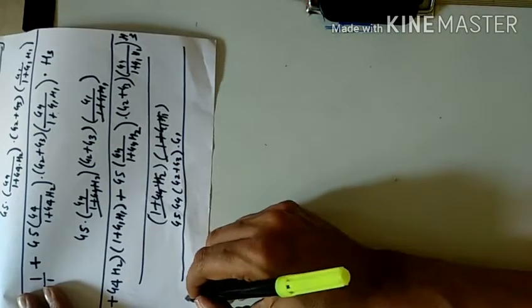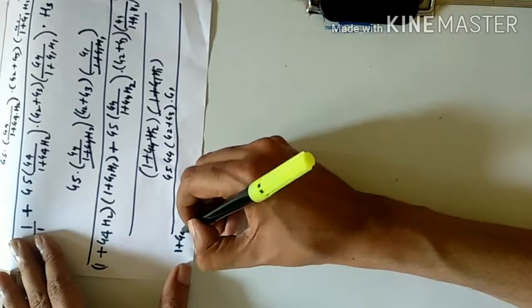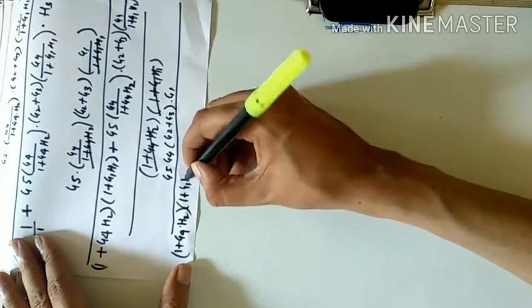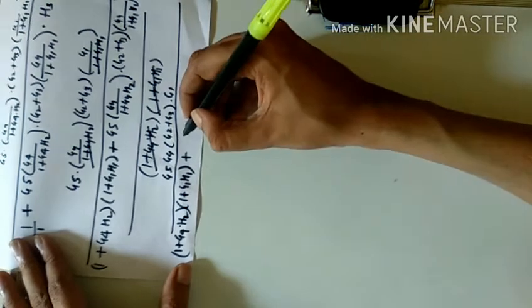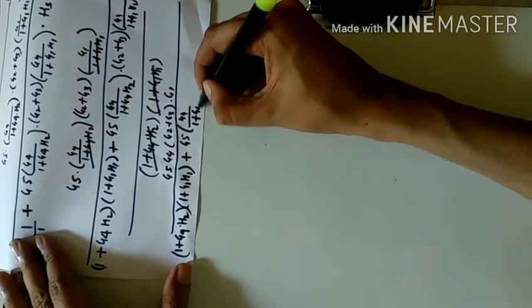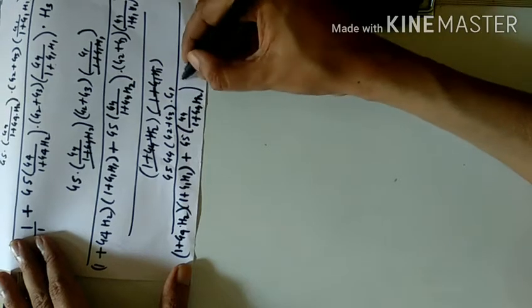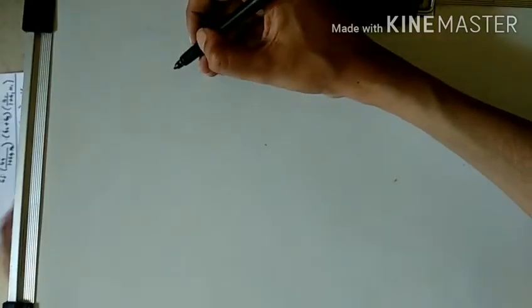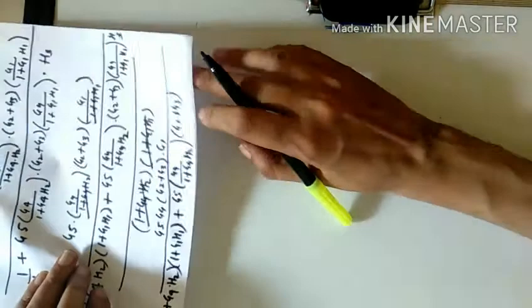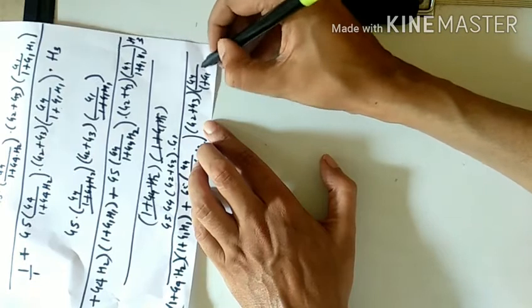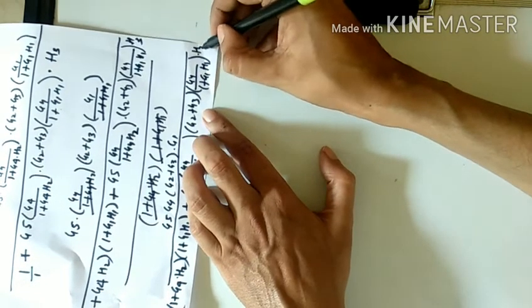The denominator is 1 plus G4 H of 2 bracket 1 plus G1 H1 plus G5 G4 upon 1 plus G4 H of 2 bracket G2 plus G3 bracket, and here it is G4 upon 1 plus G1 H1, and this is H of 3.